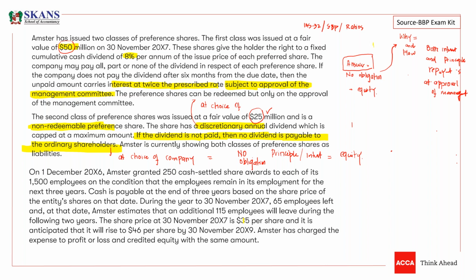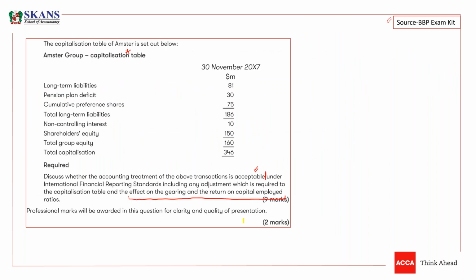Okay, now we have just answered one part of the question, guys. There are three parts. This is something that you need to take care of in the exam. You have to divide the requirement into sub parts and you have to answer every part. So what is next now? We have talked about whether this is acceptable or not.